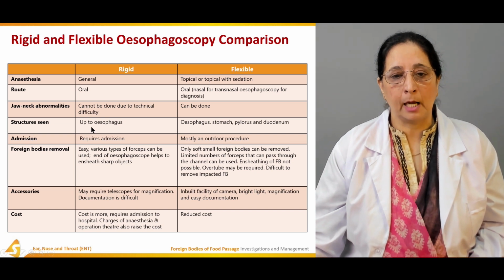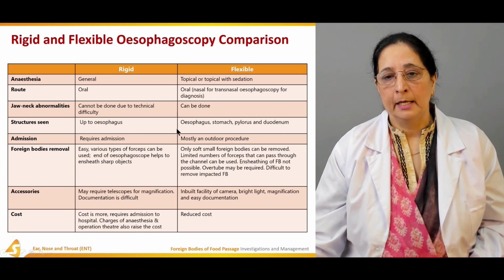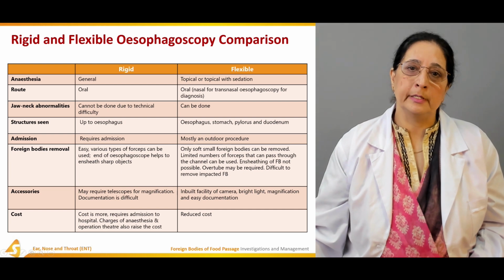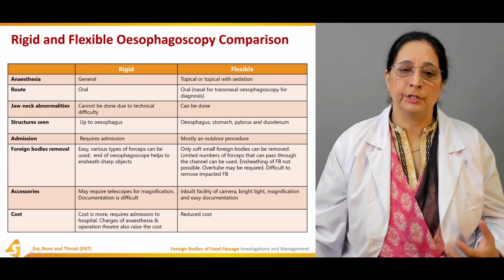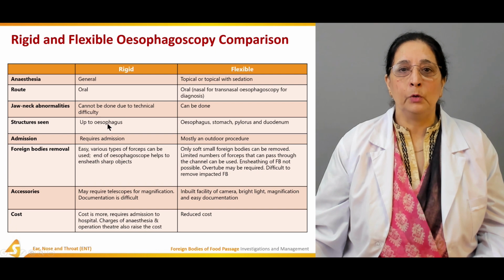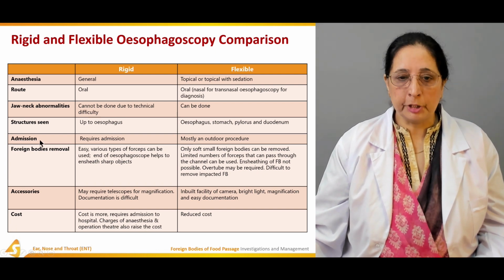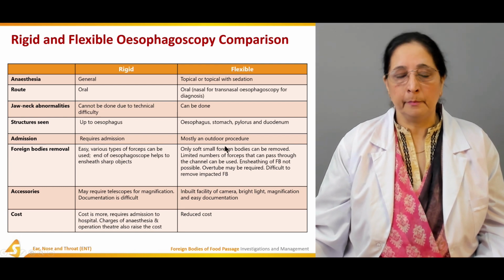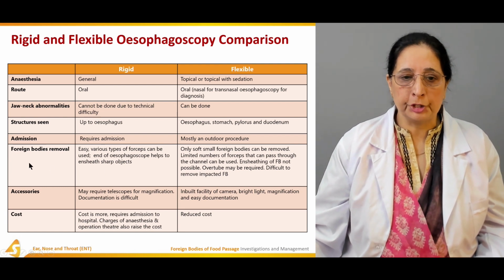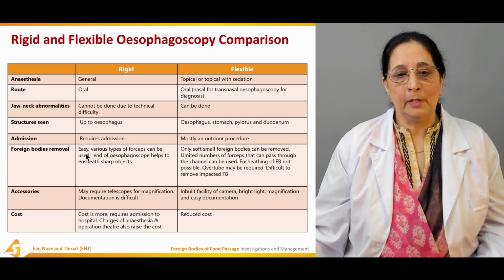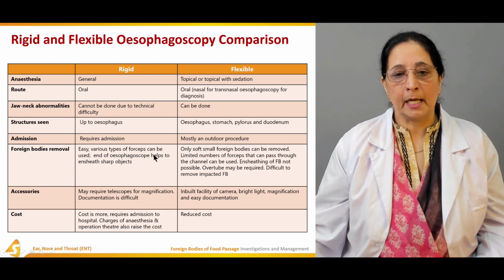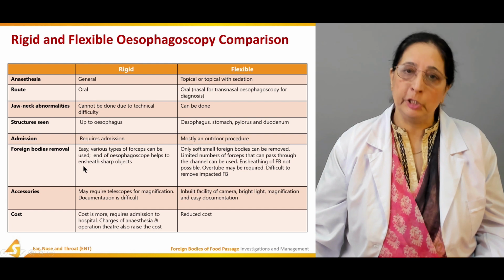Stricture: flexible can be seen up to the esophagus, stomach, pylorus, and duodenum. Again, if strictures are present, we can only use the rigid one up to the esophagus. Rigid requires admission, while flexible is usually done as an outpatient. Foreign body removal is easy with rigid, and various types of forceps can be used.